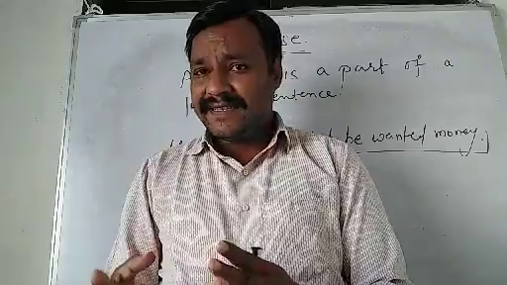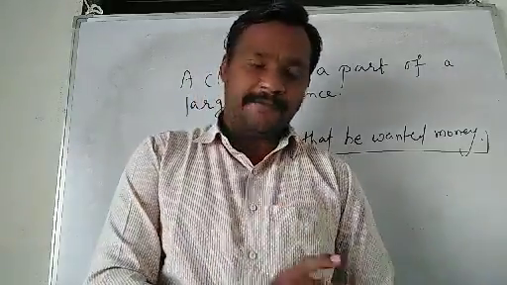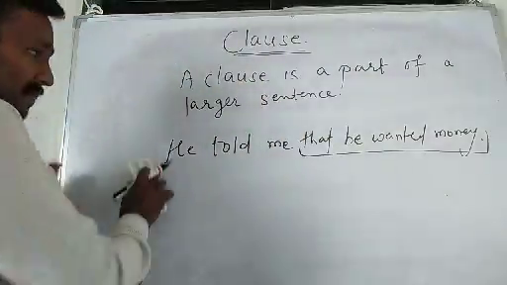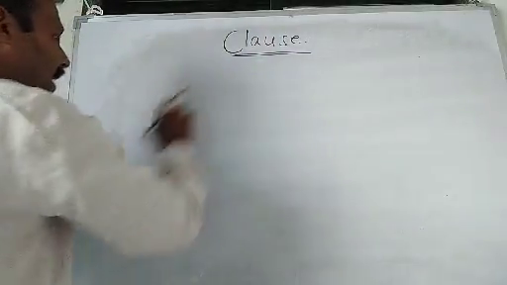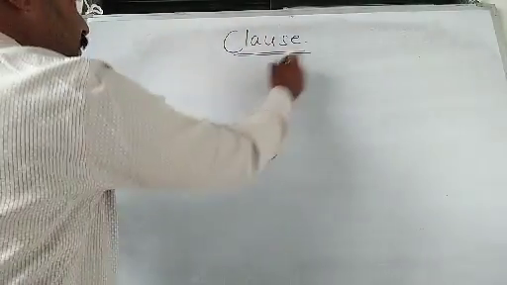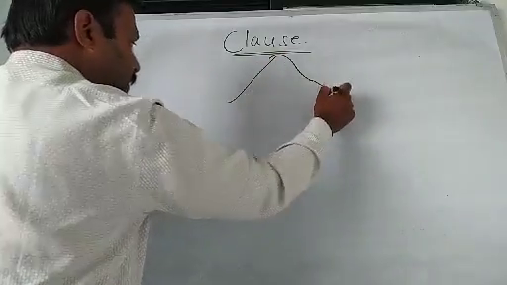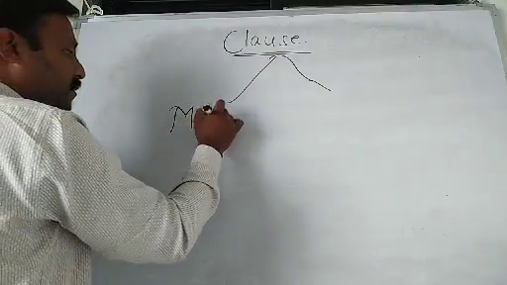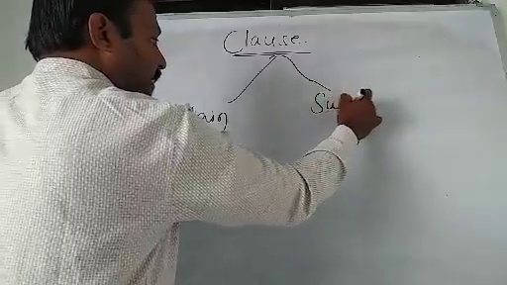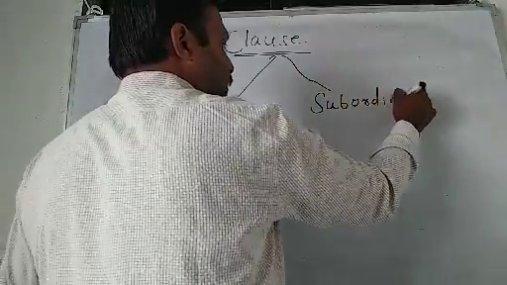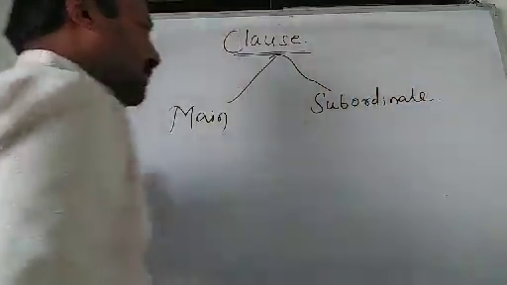So it is mainly divided into two types. Let us discuss the types of clause, and then I'll give you some examples. It is divided into two types. First one, main clause, and second one is subordinate clause.